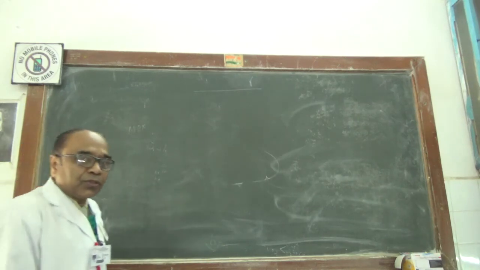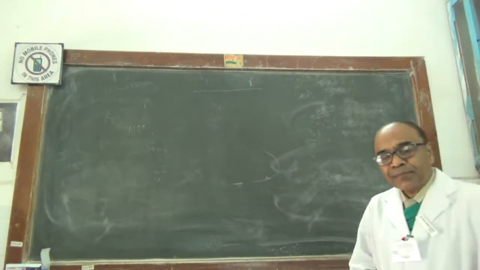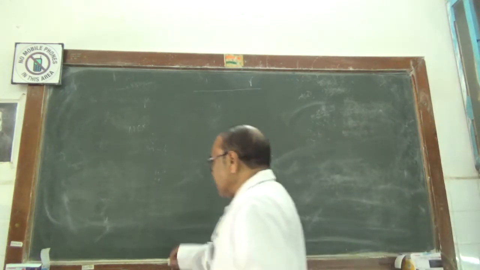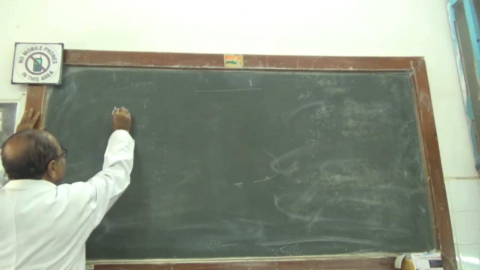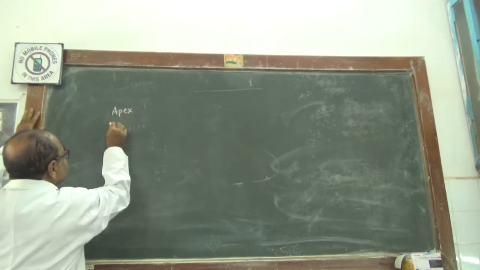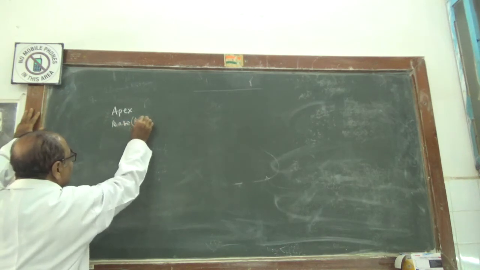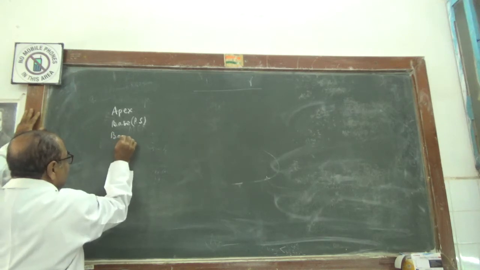Now we will go to the heart. Just a quick recap. The heart has got the apex, base, which is also called the posterior surface, and borders.